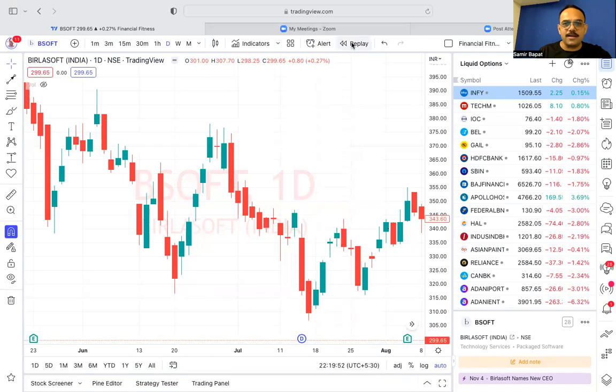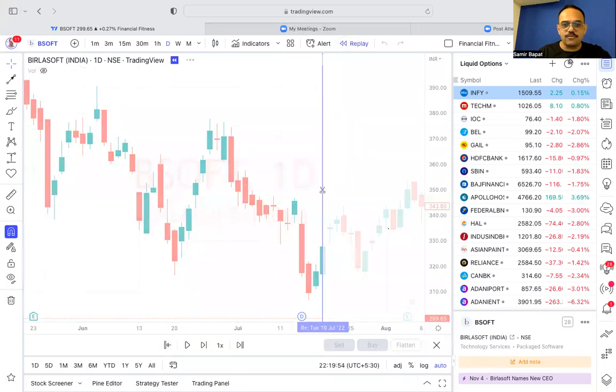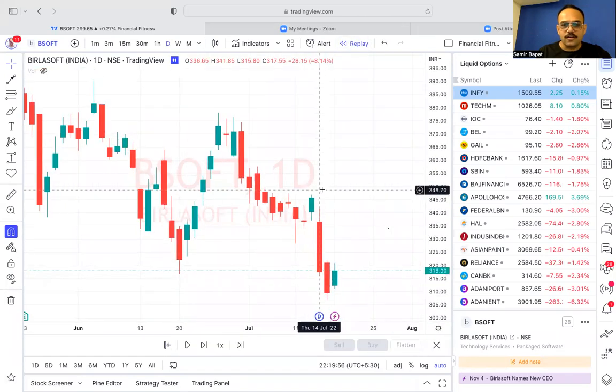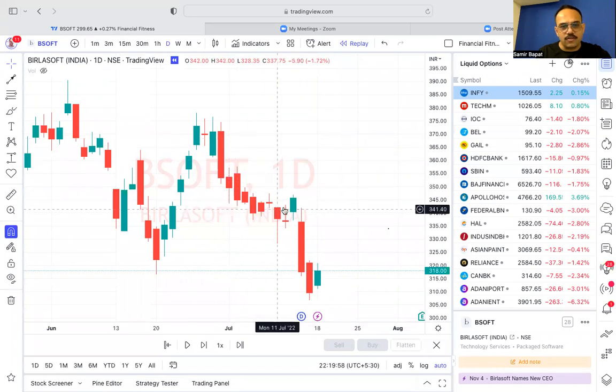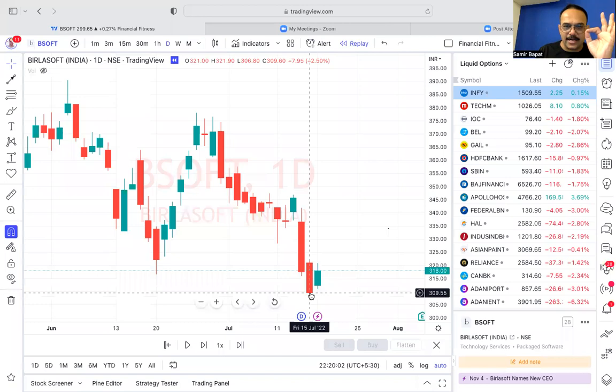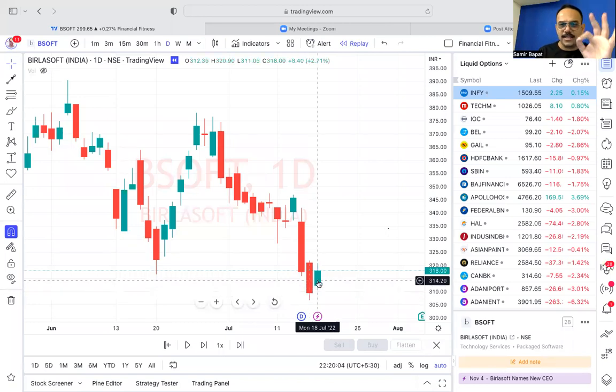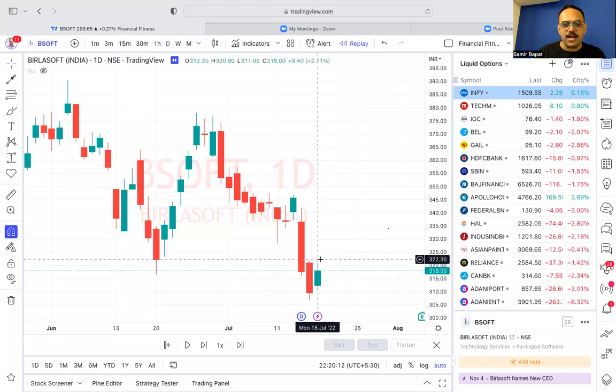Okay, let me click here and show you this. When the trend is going down, down, down, this is a big red candle. The next green candle's body is within this red candle. This is called the Harami pattern. Again, the entry is above the highest of the two candles.